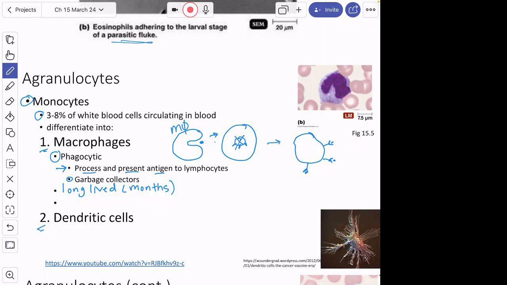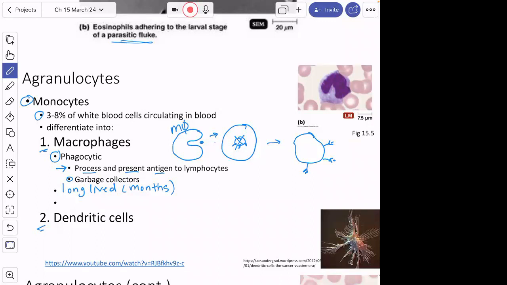So we don't want a neutrophil living for months and continually degranulating in our body in an uncontrolled way. We want it to do a little bit, then die. If we need more neutrophils, then we can make more. Macrophages typically aren't acting in a way that's going to cause the host damage, where sometimes neutrophils are.